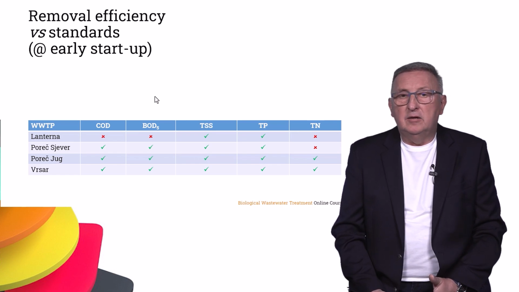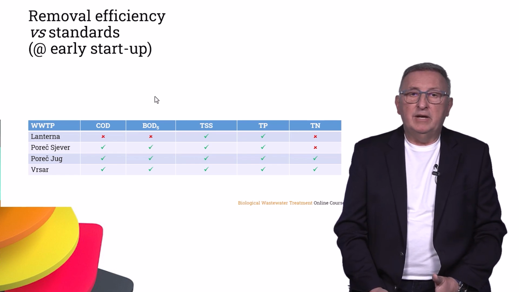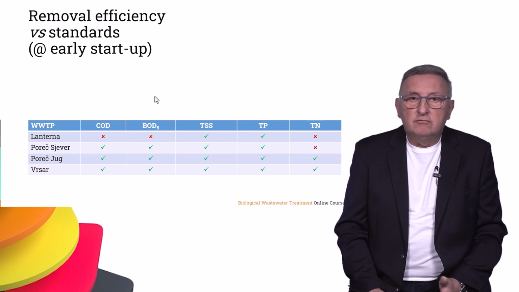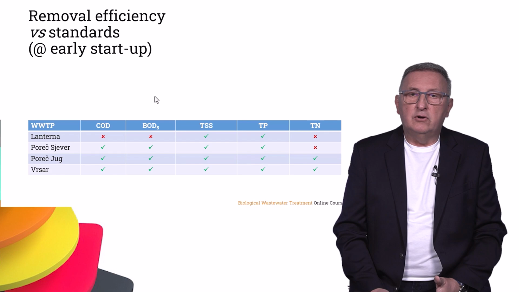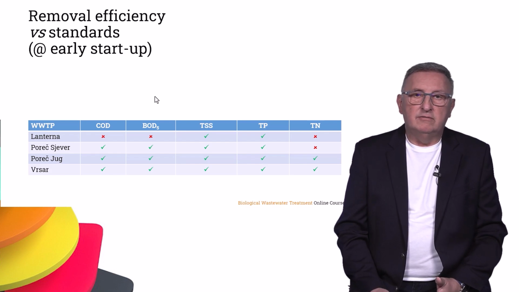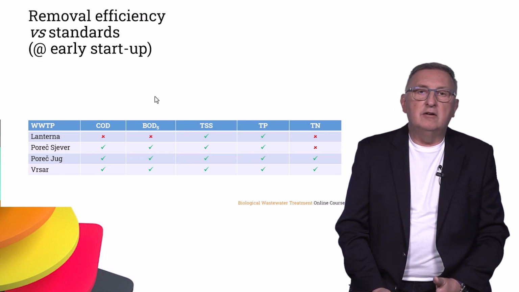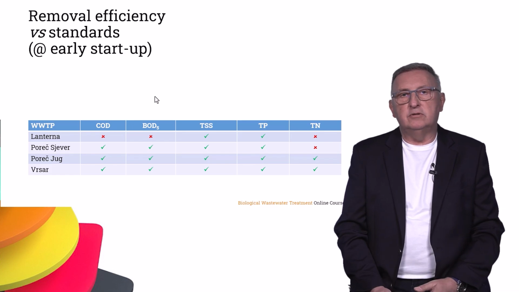This is expected because of the application of membrane bioreactors for solid-liquid separation, because normally they should work from the beginning straight away. Total phosphorus was also removed sufficiently in all treatment plants, carbon in 3 out of 4, and nitrogen in 2 out of 4. So these are excellent results for this stage of development. That is important to mention.